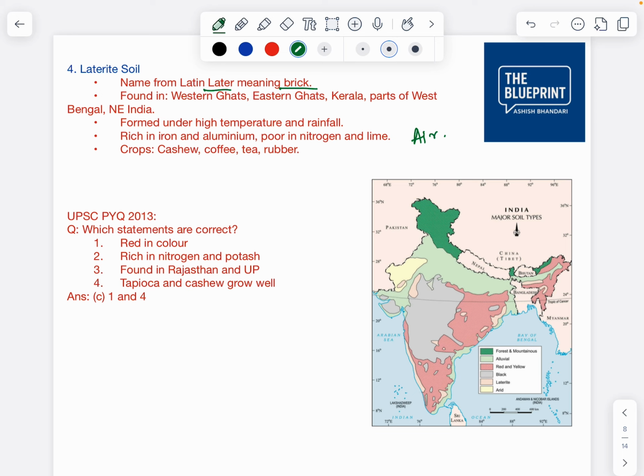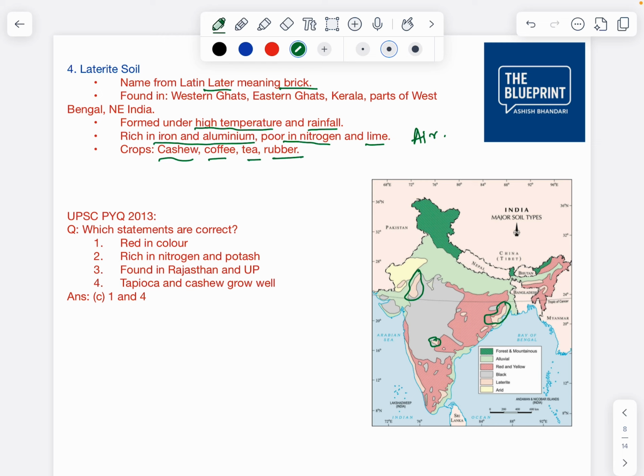But the thing here is it is rich in iron and aluminium, but it is poor in nitrogen and lime because of the leaching, and it is formed under high temperature and rainfall. We can see laterite soil in this area, and in this plateau region of India we can see laterite soil. And the best thing is that crops like cashew, coffee, tea, rubber are grown in this laterite soil, right?